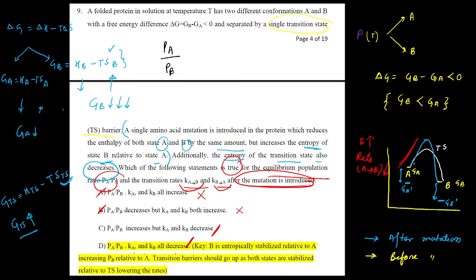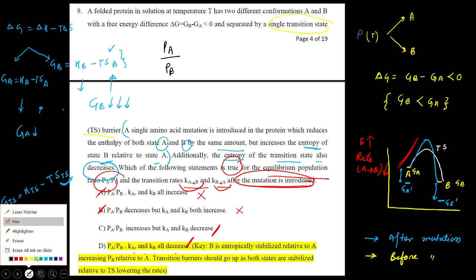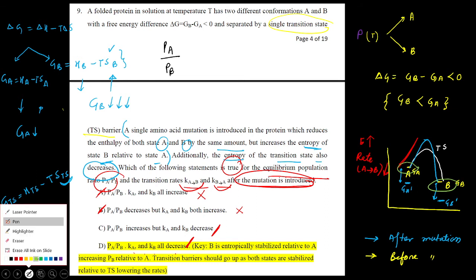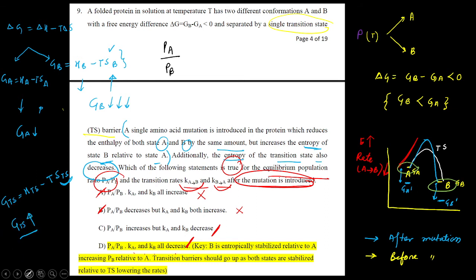With the energy barrier, we can understand this point. If we look at the energy, the energy of the B conformer is actually less. GB is actually less than GA, which is well in line with the first statement as well. So if energy is less, the population of B would be more at the equilibrium position.